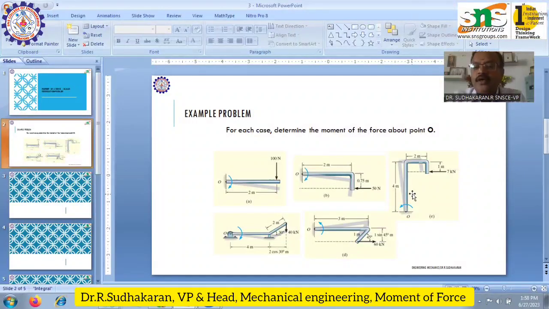Now if you take case C, here you have to determine the moment of the 7 kilonewton force about point O. Again, applying the principle of transmissibility, the force can be transferred to any point along its line of action. So the 7 kilonewton force is transferred along its line of action.